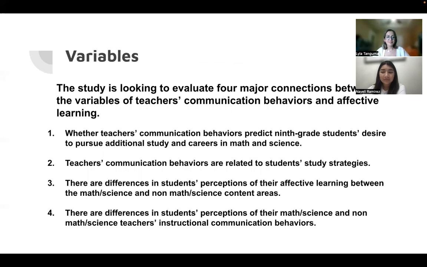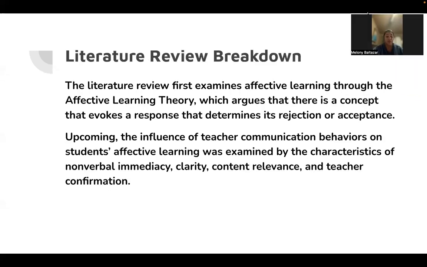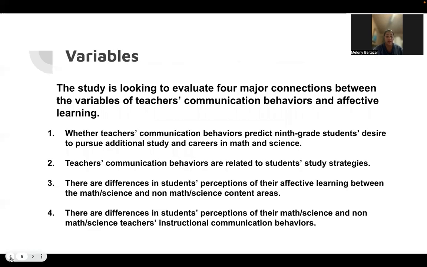Variables. The study evaluated 4 major connections between the variables of teachers' communication behaviors and effective learning. Number 1, whether teachers' communication behaviors predict 9th grade students' desire to pursue additional study and careers in math and science. Number 2, teachers' communication behaviors are related to students' study strategies.